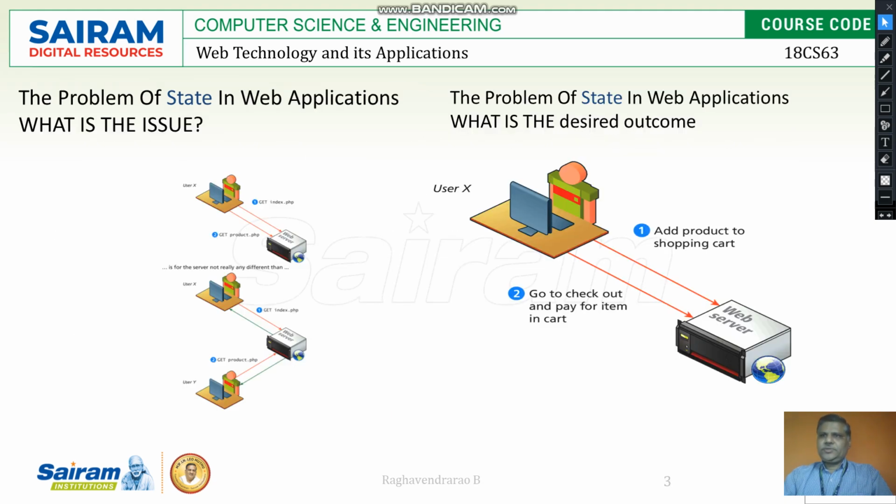So what are the problems the applications are basically facing? You can see the example given here: user X wants to get some data, so there is index.php. Again, one more request is given, product.php. Both are requested at the same time, so there is a problem.